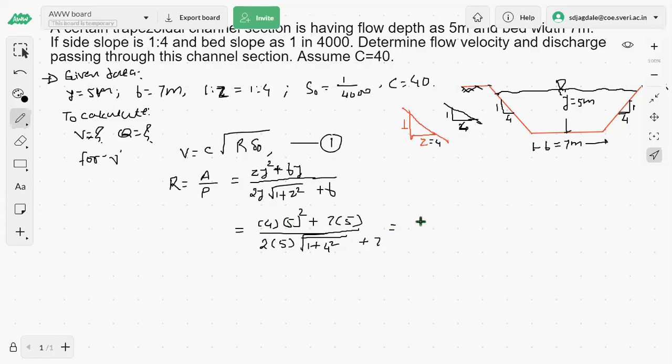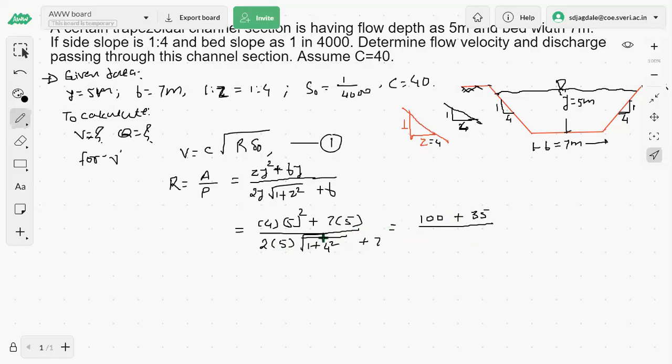25 into 4 is 100. Is it correct? 100. Go stepwise. अरे आंसर सही है क्या? यहाँ पे मैंने 100 प्लस लिखा है. 100 plus 35 upon.